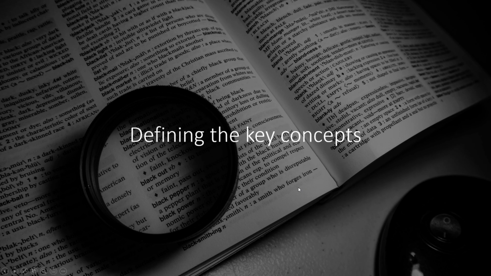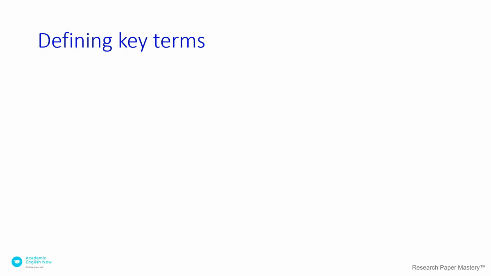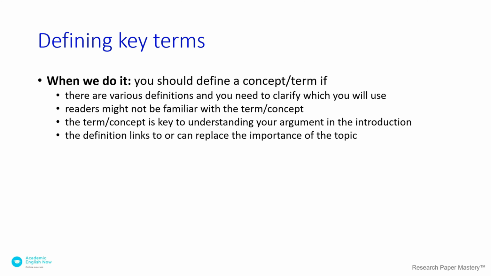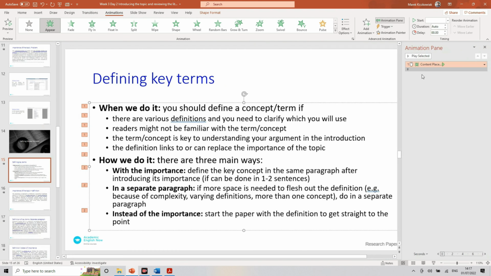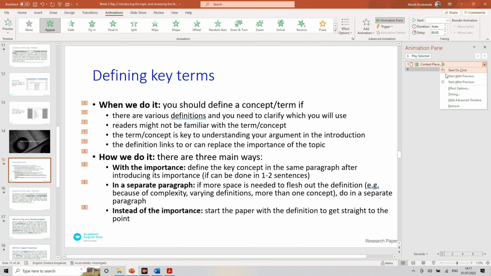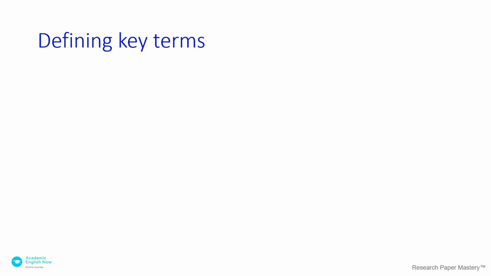Now that you've written the importance of the topic, the next element is defining the key concepts, right? So there are basically 3 ways in which you could do this. So when do we want to define the key terms?